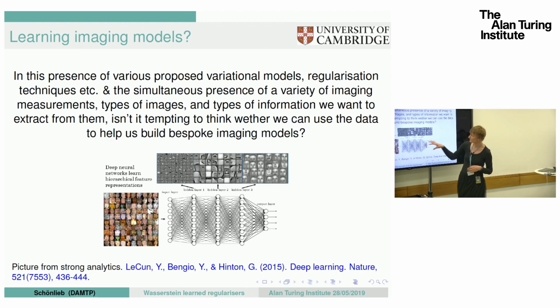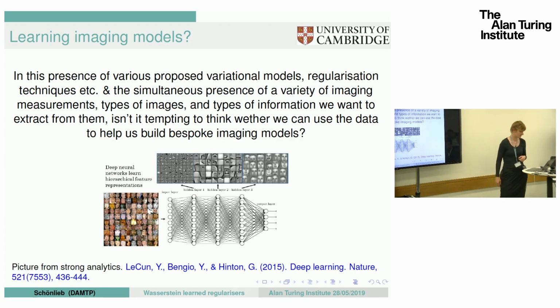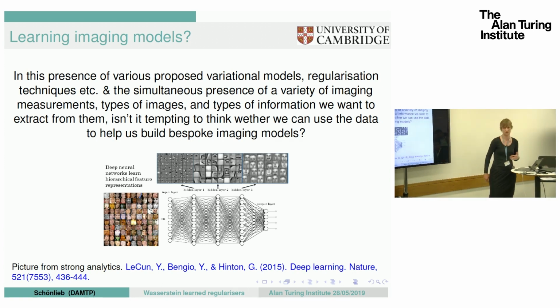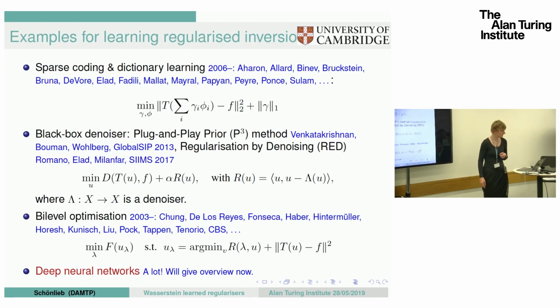And we have this picture in mind that deep neural networks are somehow able to extract features that regularizers might also do to a certain extent or might represent. So maybe we get a richer and more expressive type of regularization that covers a larger set of solutions and is more adaptive to the type of images we want to reconstruct. So this is somehow the idea.